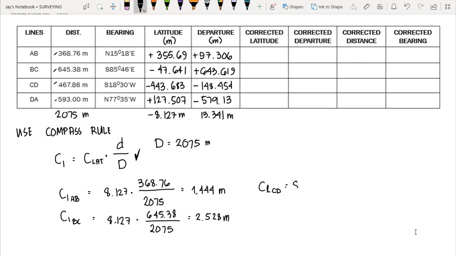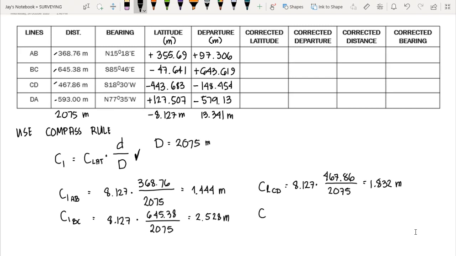Now, for the latitude of the traverse CD, we have 8.127 times the distance 467.86 divided by 2075. This gives us the value of the correction of the latitude CD, 1.832 meters.